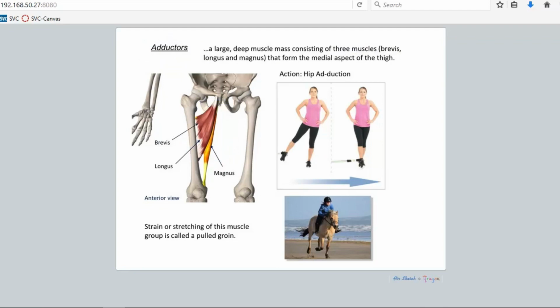The origin is on the pubic crest, it looks like, and then the insertion point is on the medial side of the femur. So just looking at it, what does this do? When these contract, they move the leg in like so. So this is involved in adduction of the hip. Okay, all these motions here are occurring at this ball and socket joint.